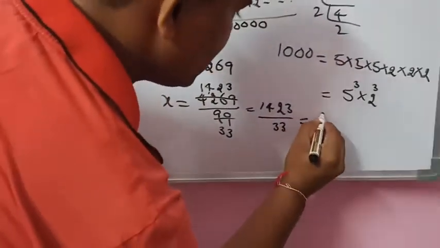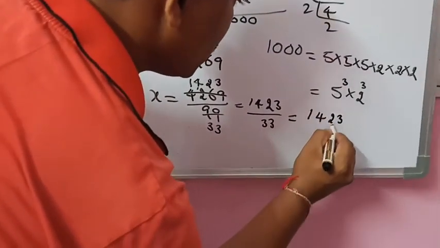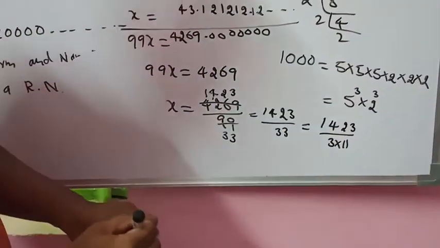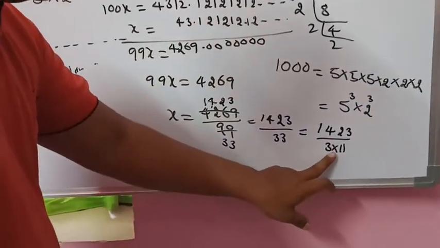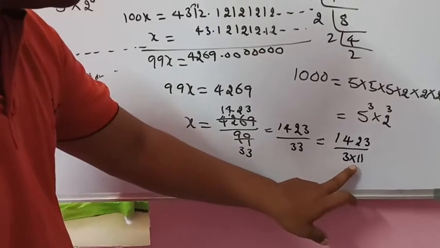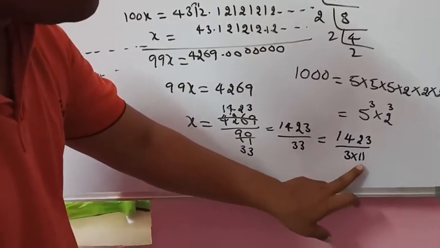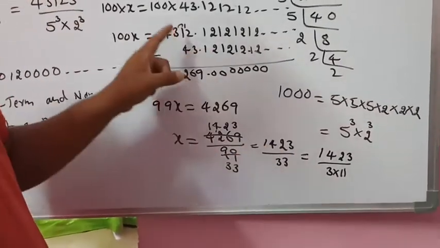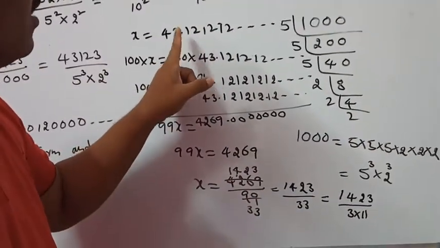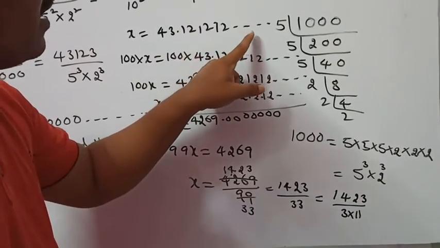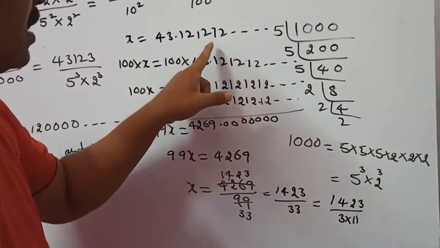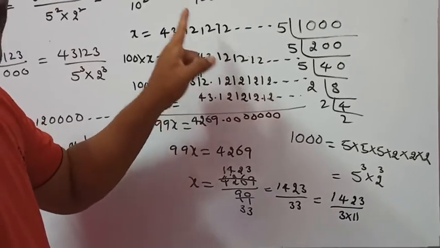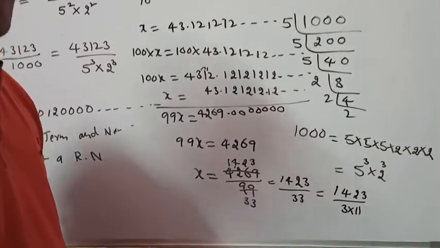Let us factorize: 1423 by this, we can write 3 11s are 33. Here you can observe the denominator does not contain only 2 factors or only 5 factors or 2 and 5. So that's why this is a recurring decimal. It is a non-terminating recurring decimal.